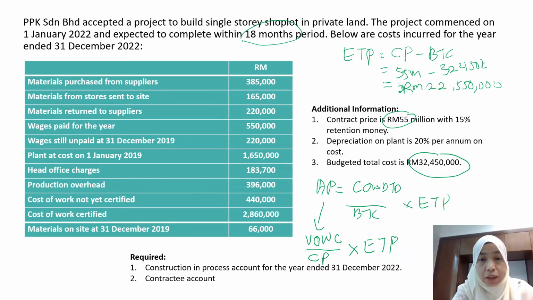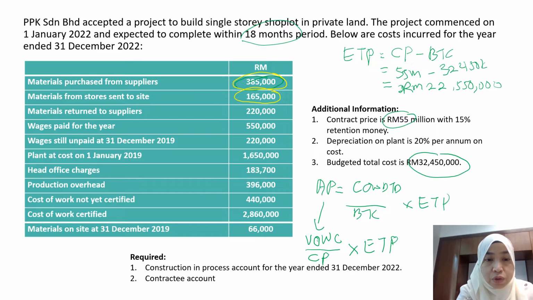Now look at the table. The first cost item, material purchased from supplier. This cost item you will debit into the construction in process account. Then material from store sent to site also increases your cost of site, so you debit into the construction in process account.